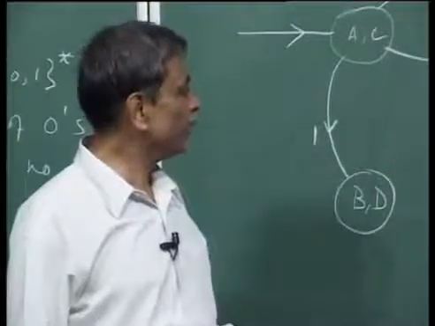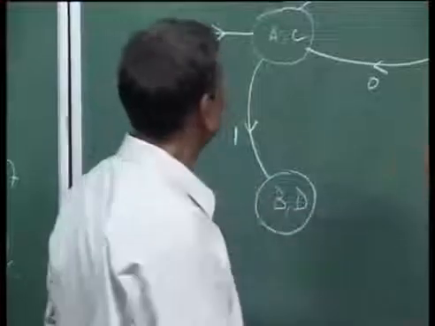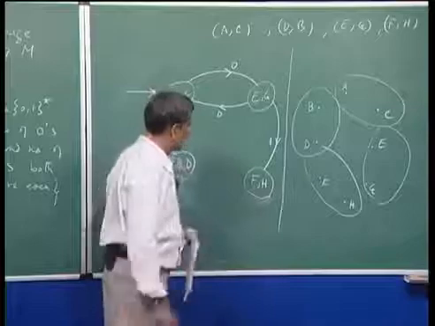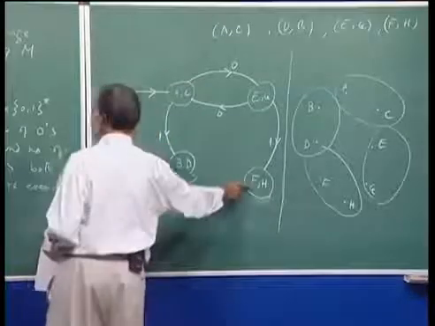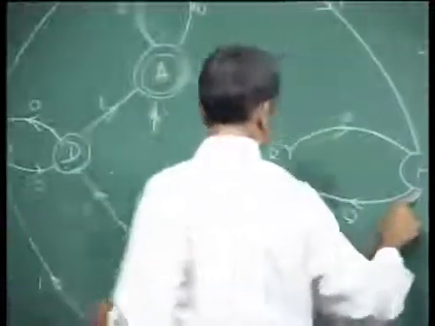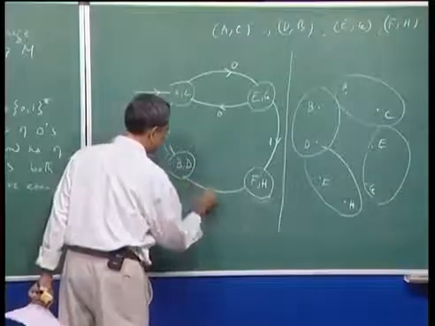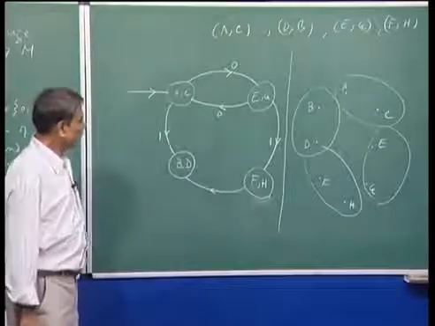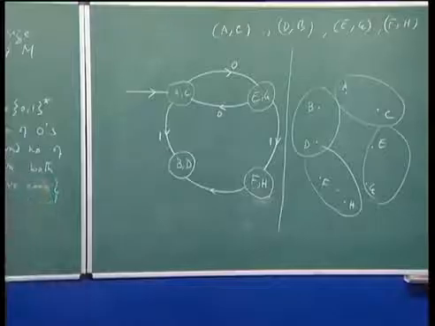And similarly, we have expanded this state completely, and now from this state on 0, where should we go to? So, from F on 0, in this machine we come to B. So, F on 0 will come here in this machine, and F on 1 or H on 1, both will be same.